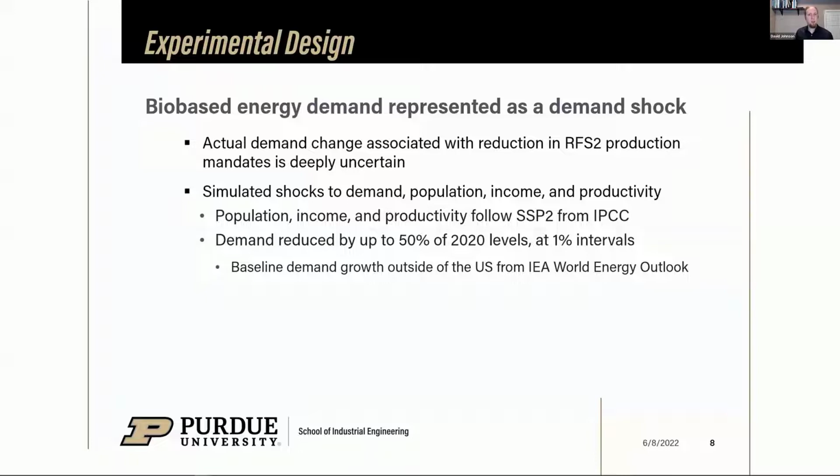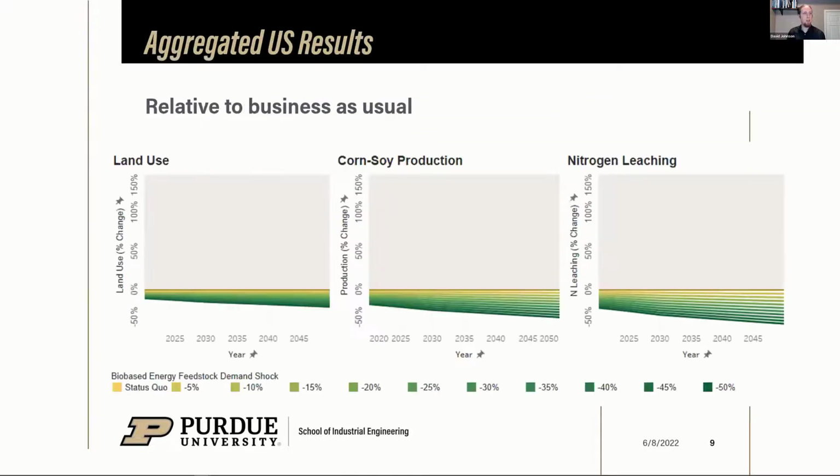So I'll just show key environmental outcomes associated with the demand reductions. And I apologize, my cat wants to be a co-presenter. But relative to business as usual, if we're looking at changes in land use aggregated across the entire US, corn soy production and nitrogen leaching as well.